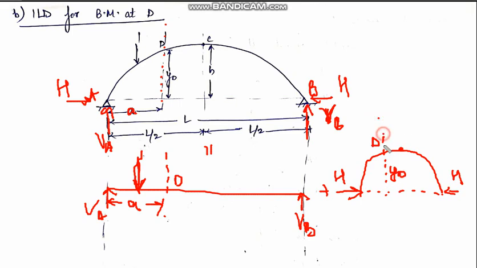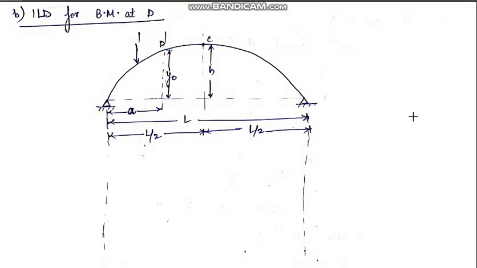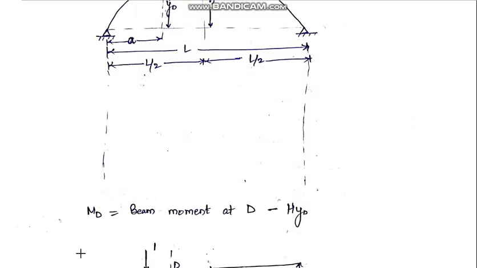So we know that the bending moment at this D section due to thrust will be minus H into yD. If I add the bending moments in these two cases, I will get the total bending moment at this section in the 3-hinged arch. So I can write the bending moment at D section equal to beam moment at D minus H yD.